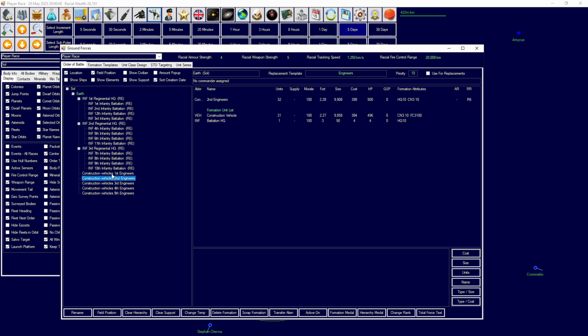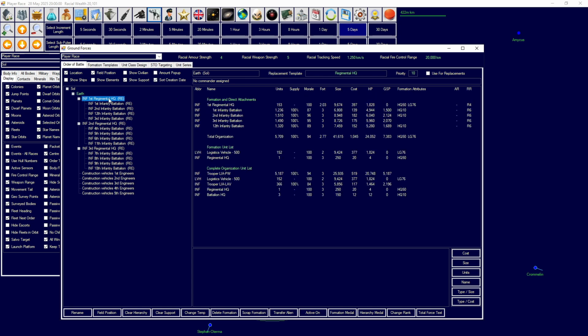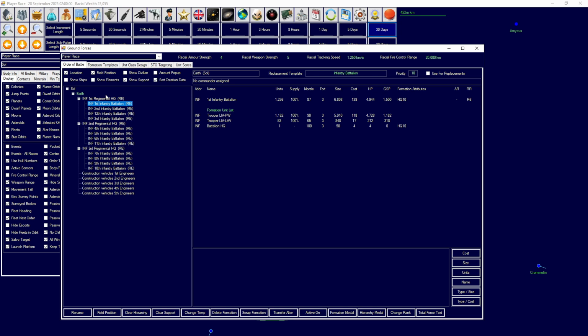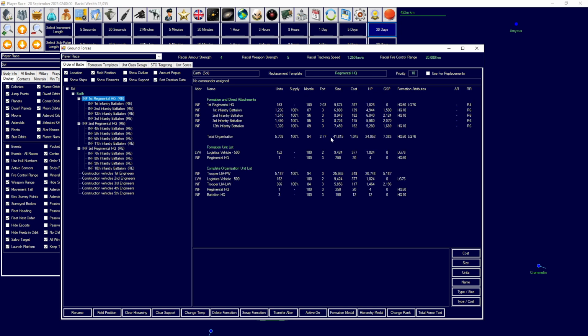I might be. The construction vehicle should be modifying these guys up more. Logistics vehicle 2. Ah, yes, because it's modifying that. Yeah, it is increasing the fortification.